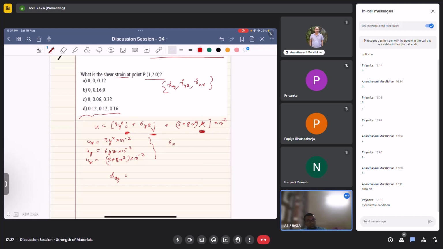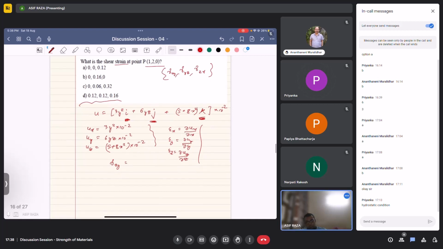Epsilon x is del ux by del x. Epsilon y is del uy upon del y. Epsilon z is del uz upon del z. Do you know this formula? No, sir. Okay. I think you should know.